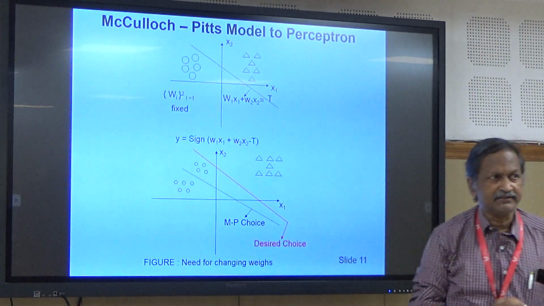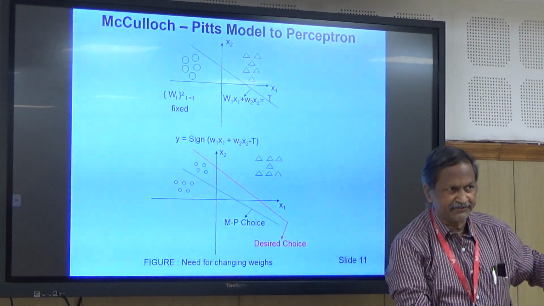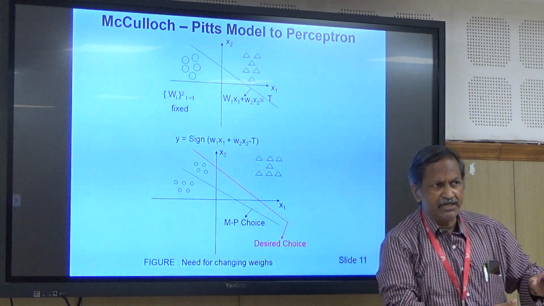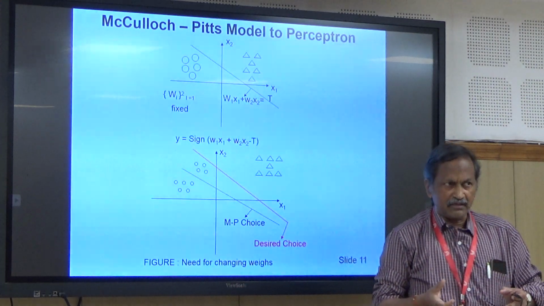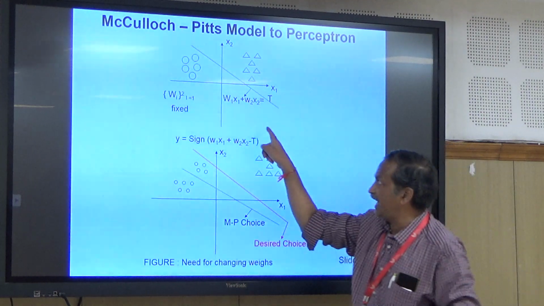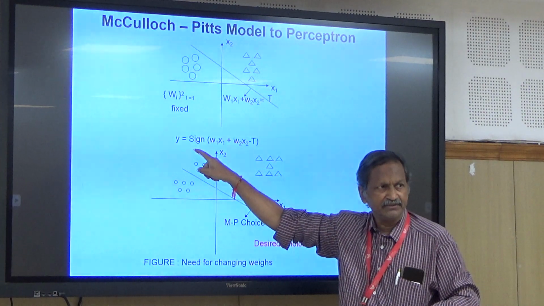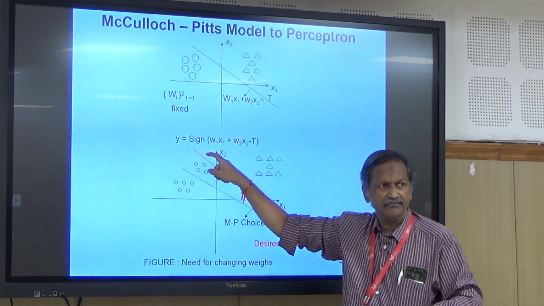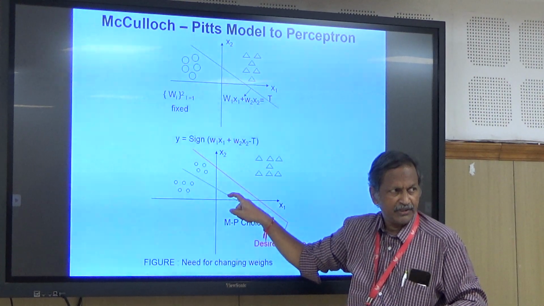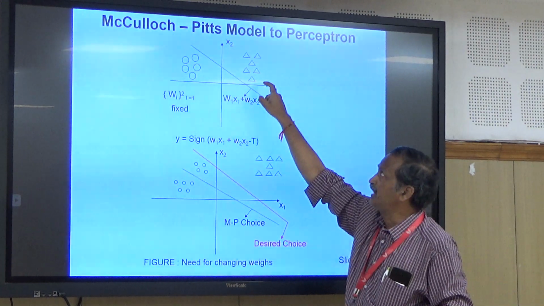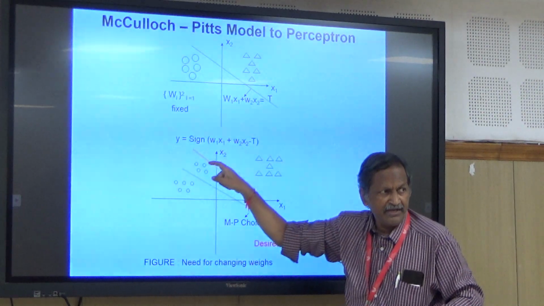So what I did is, here are my two-dimensional patterns. They are being given to a classifier. What the classifier does is, it calculates this function and applies the signum function, sign. If it is positive, +1. If it is negative, -1. So for all the circles, this will be -1.